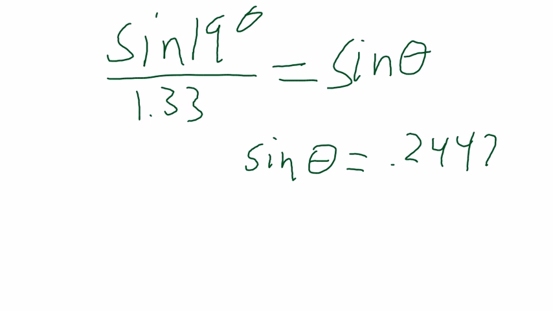Then to get theta by itself, again you take the inverse sine, and that gives you a final answer of 14.16 degrees. And that is your final refracted angle of a ray of light entering a pool.